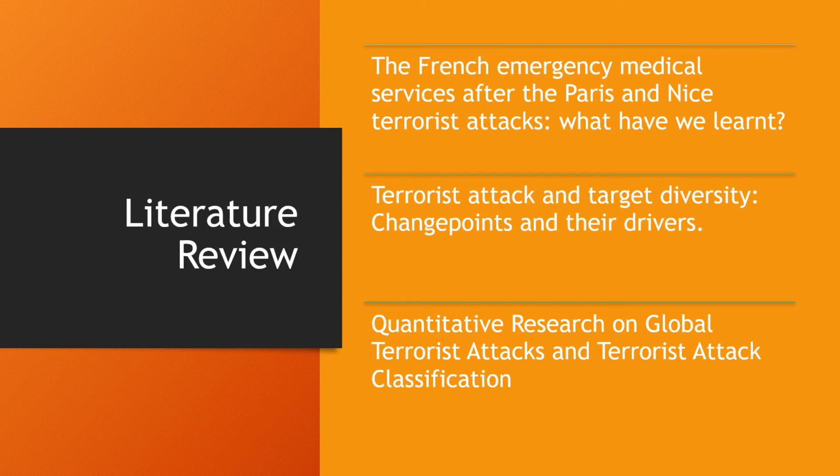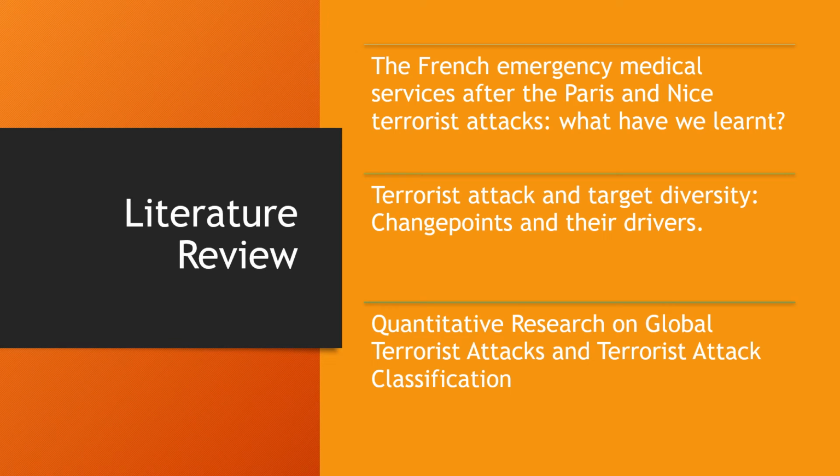Coming to the literature review section, the first article I found was the French Emergency Medical Service after the Paris terrorist attack. This article is very interesting. It speaks about how the terrorist attacks on Paris in 2015 were analyzed to improve the emergency response system in France.